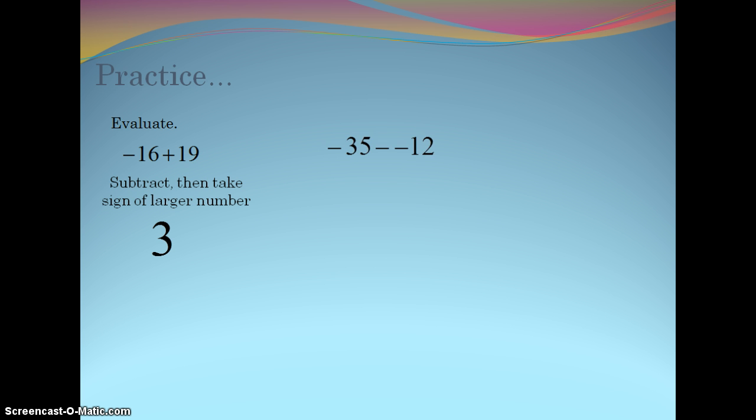Next one, negative 35 minus negative 12. The first thing that I see here that throws me off is this double negative. Before I start subtracting or adding, I'm going to address that first. Remember, a double negative can be rewritten as a positive sign. That goes back to the previous slide. So negative 35 plus 12 is what I get after I address the double negative.